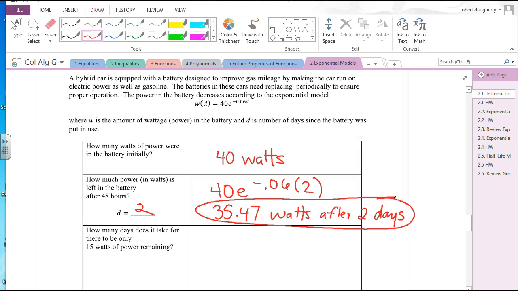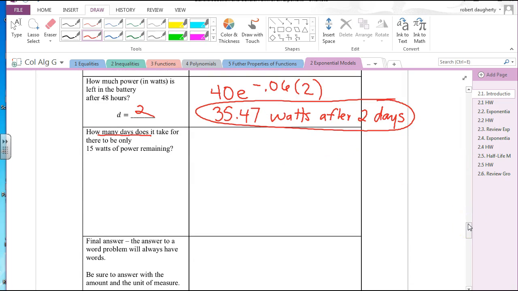Now, the next thing they're asking is how many days does it take? Before I go any further, this question is about solving for what kind of variable? Time. Time is always my exponent. If I'm solving for an exponent, I have to take the log of both sides. So I'm solving for time here. How many days does it take for the battery to get down to 15 watts?